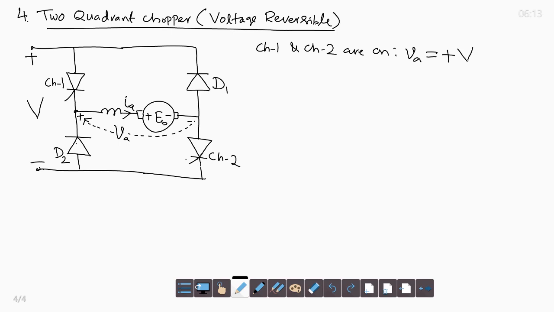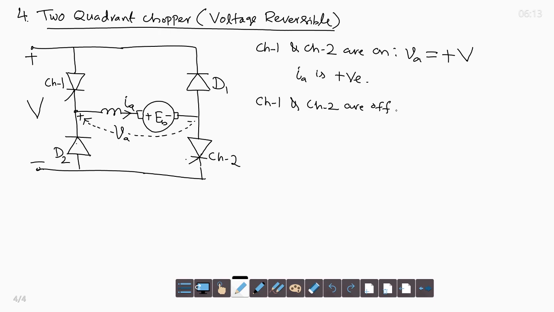So, current builds up. So, you have IA positive. Now, when chopper 1 and chopper 2 are switched off, because the motor circuit is inductive in nature, current has to take a path to flow. So, D1 and D2 will be forward biased and current will flow from the machine through D1 and D2 to the supply. So, in this case CH1 and CH2 are off.